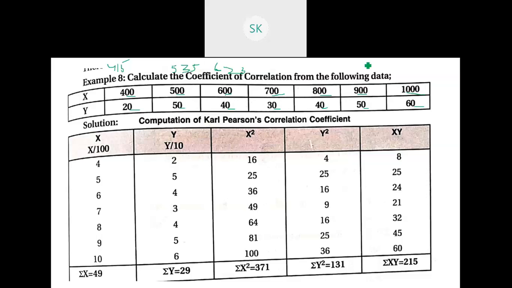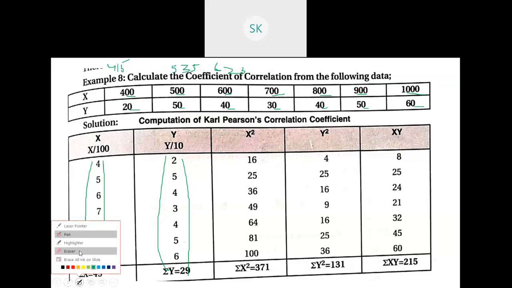Only if you can apply the common factor and reduce the data into small values like this. See, these values are very small compared to 400, 500. If you are able to convert the data like this, only then use this method. If not, go by the normal method of calculation. Okay, I hope that is clear to everybody.